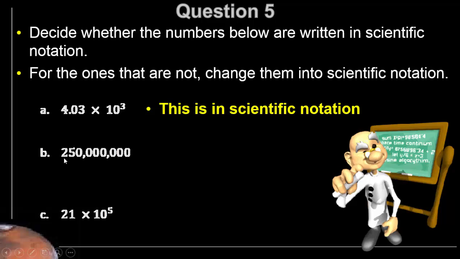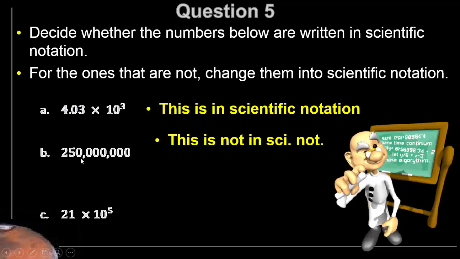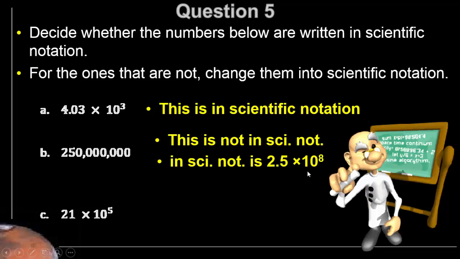In B, we have 250 million. This is not scientific notation, so we want to rewrite this as scientific notation, so we count 1, 2, 3, 4, 5, 6, 7, 8. So that means it's 2.5 times 10 to the 8th.